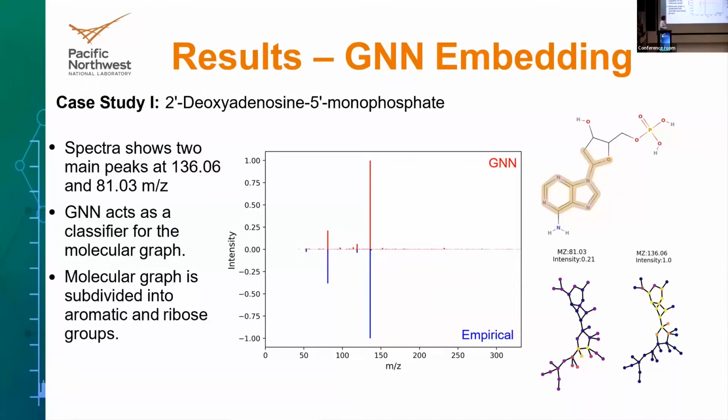There appears to be at least some natural subgraph division. It's not just randomly picking vertices in the graph to associate with a particular peak. Now, as we move forward here, we'll get into greater levels of ambiguity. It's kind of hard to directly associate the vertex classification when the spectra gets more and more complicated.